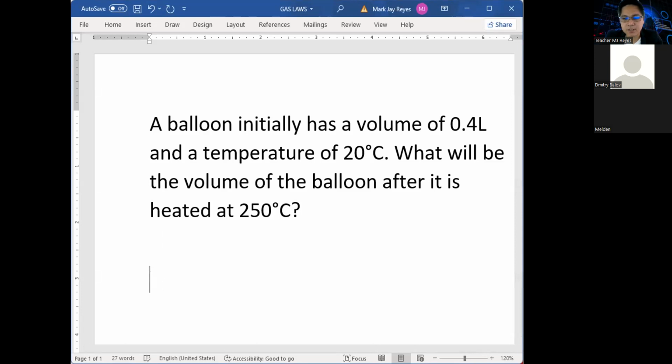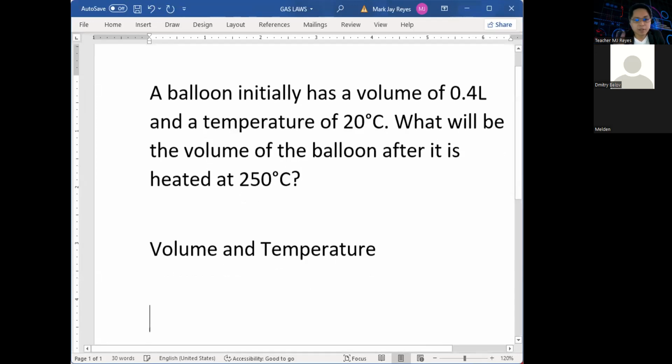Because it is asking about volume, it is also talking about what? As you observed, it is talking about volume and temperature.